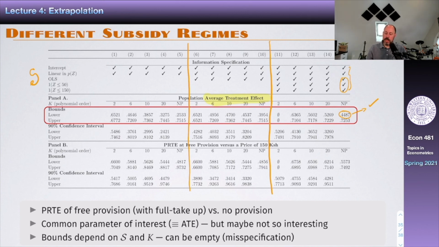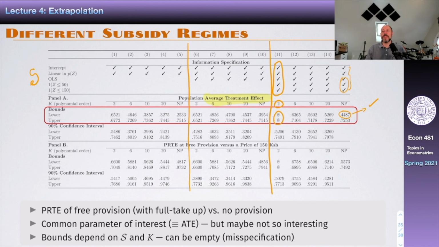Also note that when you impose a lot of assumptions, like a polynomial of degree 2 and then add a lot of IV-like estimates, you can end up with an empty set. There's no solution to the model because you're imposing a lot of assumptions and trying to fit a lot of information, and it doesn't fit. This shouldn't be confused with a great result; it's just that I'm unidentified, I found nothing.